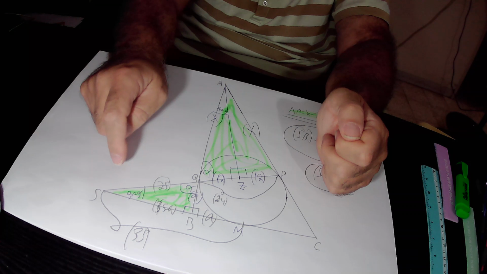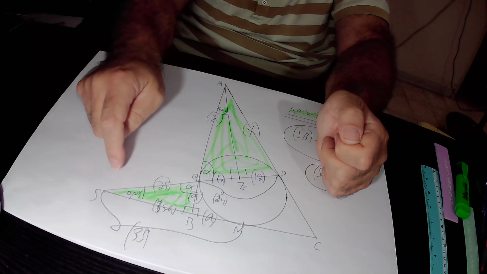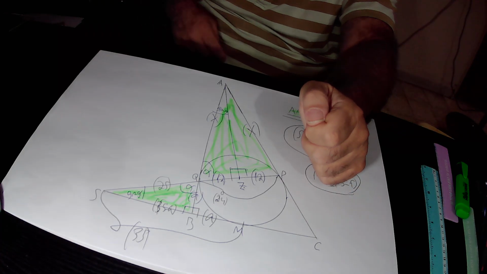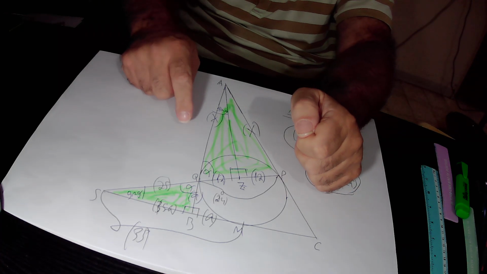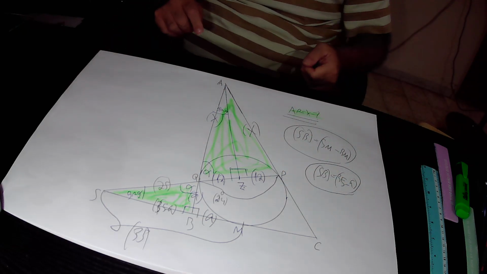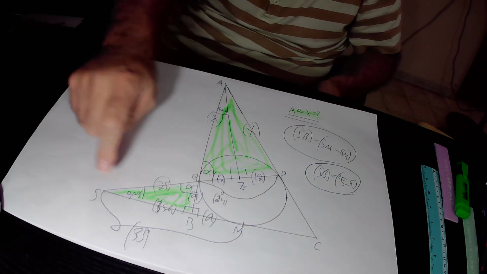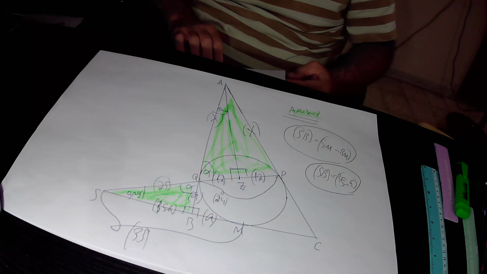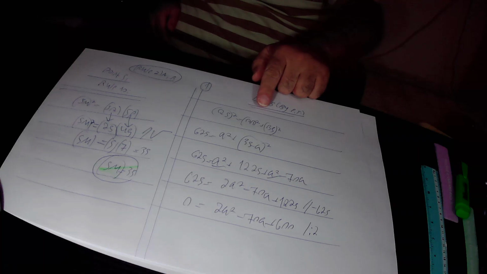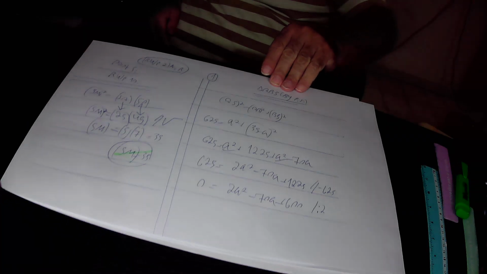So in the next step, we implement the Pythagoras theorem on this green right-angled triangle SQB. According to the Pythagoras theorem, QS squared equals QB squared plus SB squared.